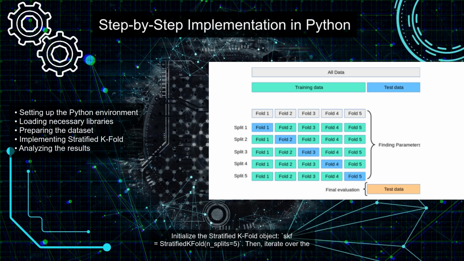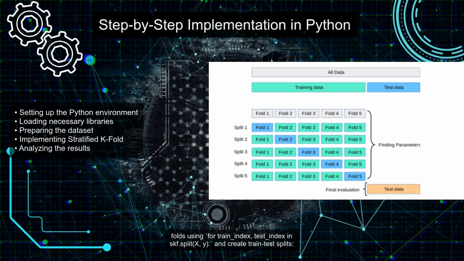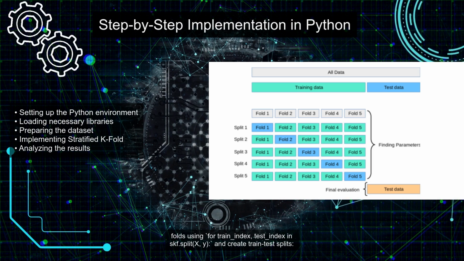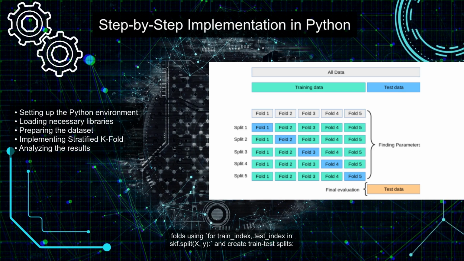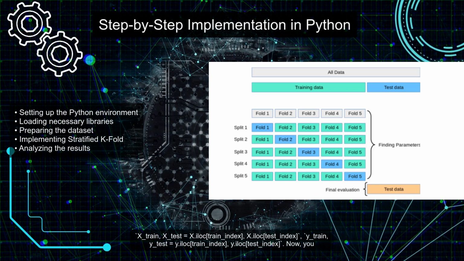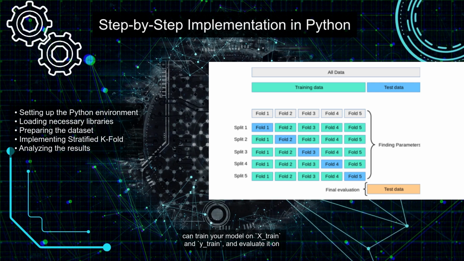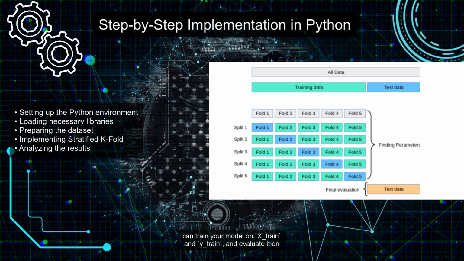Then, iterate over the folds using for train_index, test_index in skf.split(X, y), and create train test splits: X_train, X_test = X.iloc[train_index], X.iloc[test_index]; y_train, y_test = y.iloc[train_index], y.iloc[test_index].